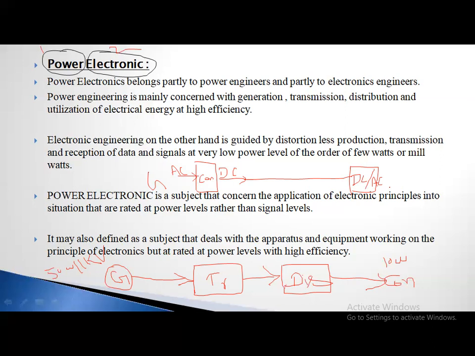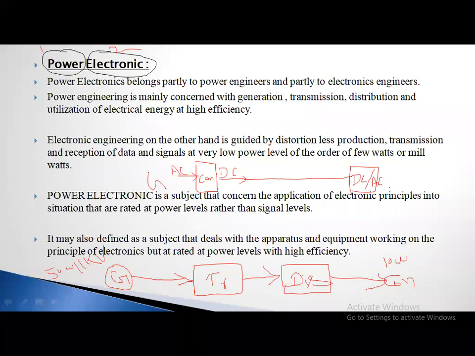Clear? But here we are transferring high power and high voltage levels: 11 kV, 132 kV, 745 kV. If we use low power semiconductor devices in this circuit, what will happen? Can we use devices of 10 volts, 15 volts, or 5 volts there? No, because we are transferring high power, 11 kV, 132 kV.